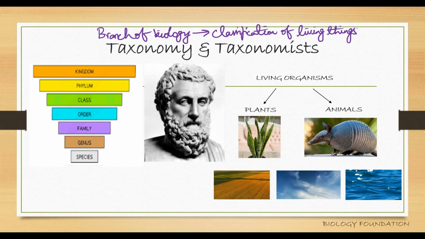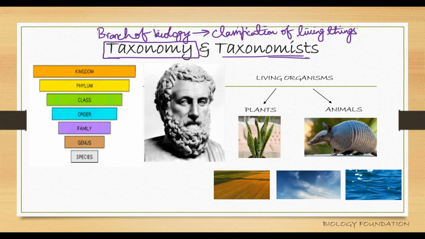So classification of these living organisms is dealt with by one branch of biology that is called taxonomy. And those scientists who are specialized in taxonomy are called taxonomists. They are the scientists who study taxonomy and see that the organisms are placed in specific groups.